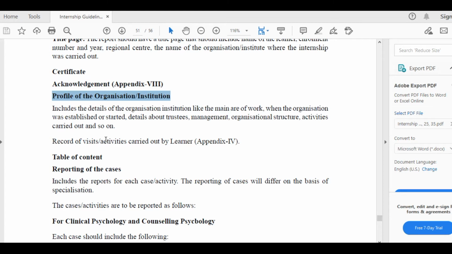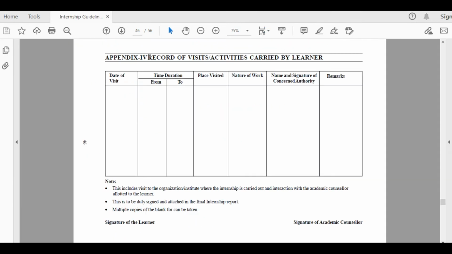Then the record of visits and activities carried out by the learner. This document is also one important document that you have to attach. This is the form for the record of visits or activities. It includes the visits to the organization or the institute where the internship is conducted.